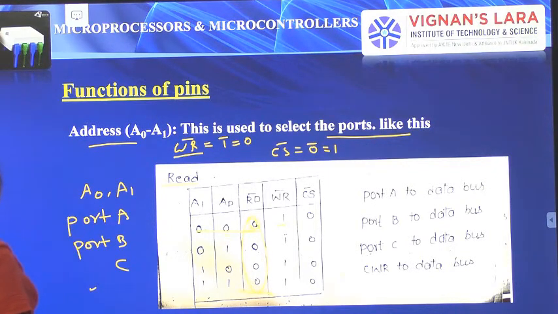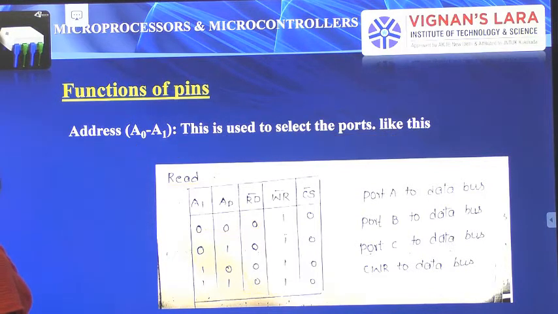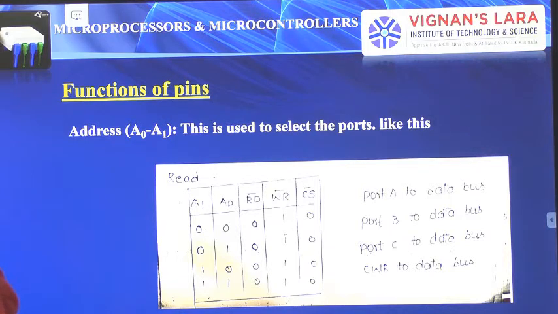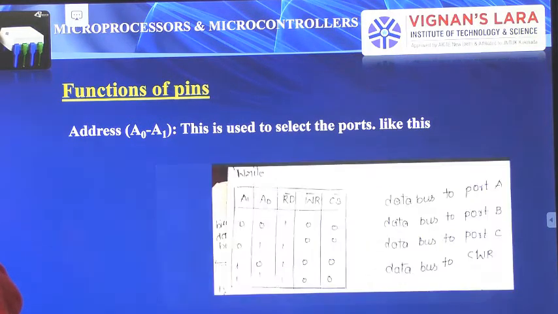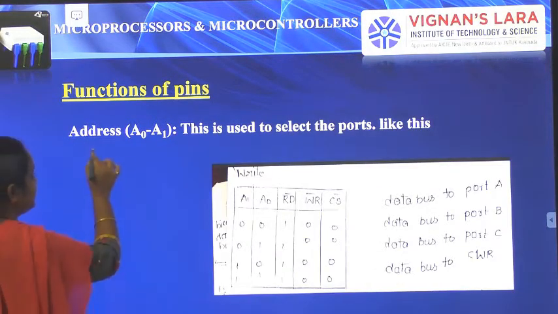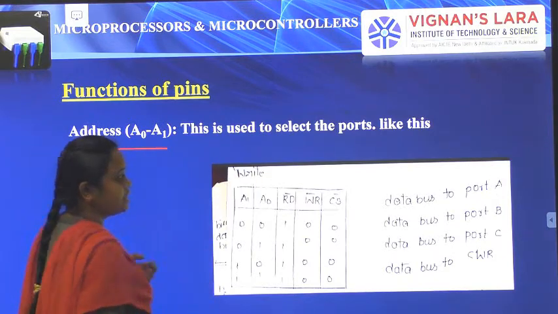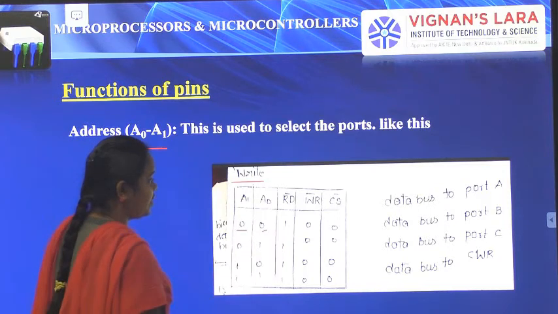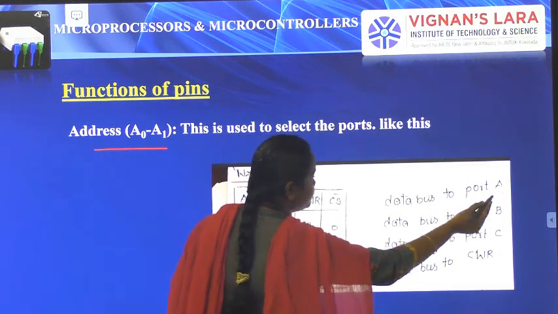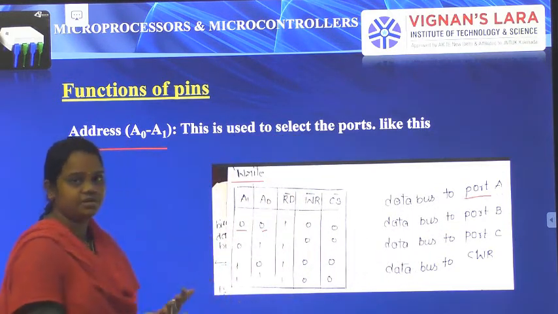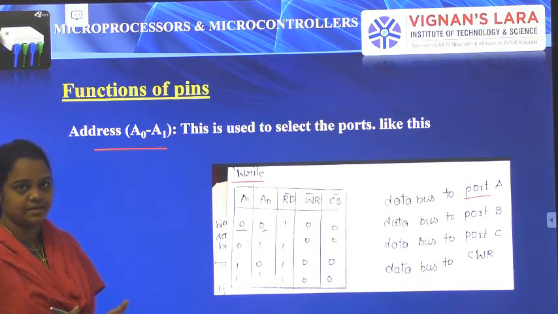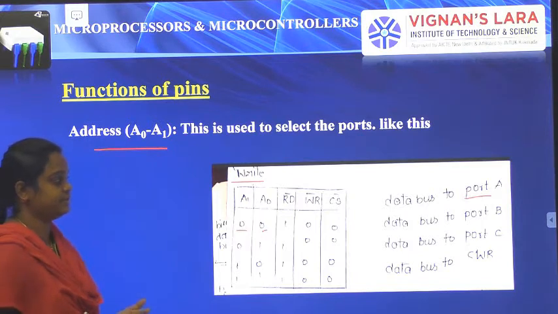Coming to the write operation, A0 and A1 are used to select the ports. For the write operation, whenever it is 0, 0, we already know it is data bus to port A. Write operation means we take the data from the input output devices or the 8086 microprocessor.